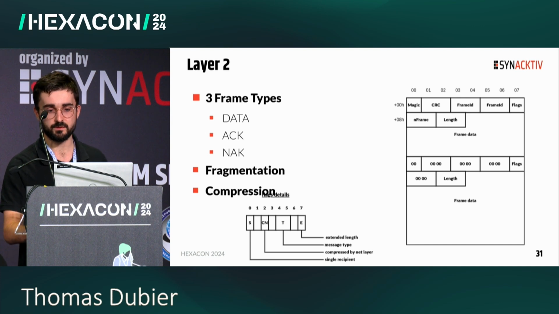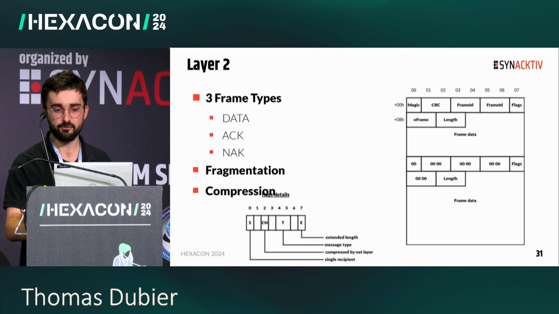Once deciphered, data is considered as a frame. We found a header of 12 bytes length and a CRC to verify the integrity of all the data, header included. There are 3 frame types which are defined in the flags field. Data frame that contains a game message, acknowledged frame that doesn't contain data, and the non-acknowledged frame that is here to signal an error.